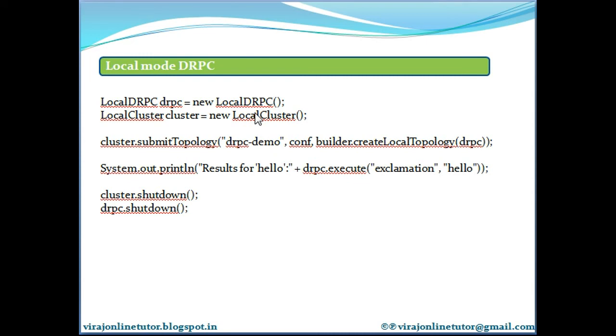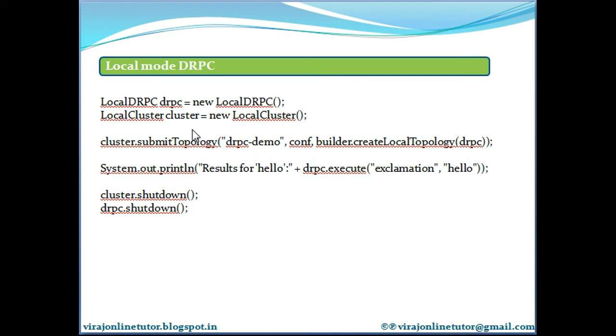This object simulates a DRPC server in process, just like how the local cluster simulates a Storm cluster in a process. Then you create a local cluster to run the topology in local mode.